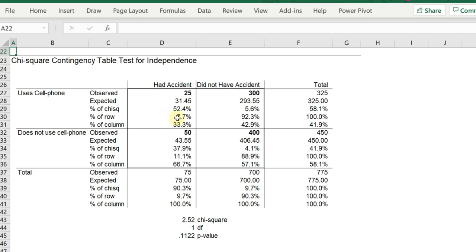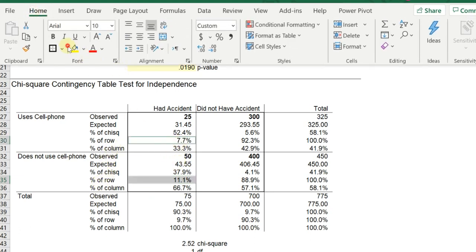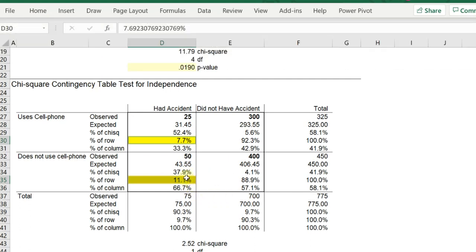There you go. Those who didn't use cell phones, 11.1% had an accident. So if you compare this one and this total, let me highlight them. There you go. Look at those 2 percentages. Actually, the greater percentage of those who didn't use cell phones had an accident.